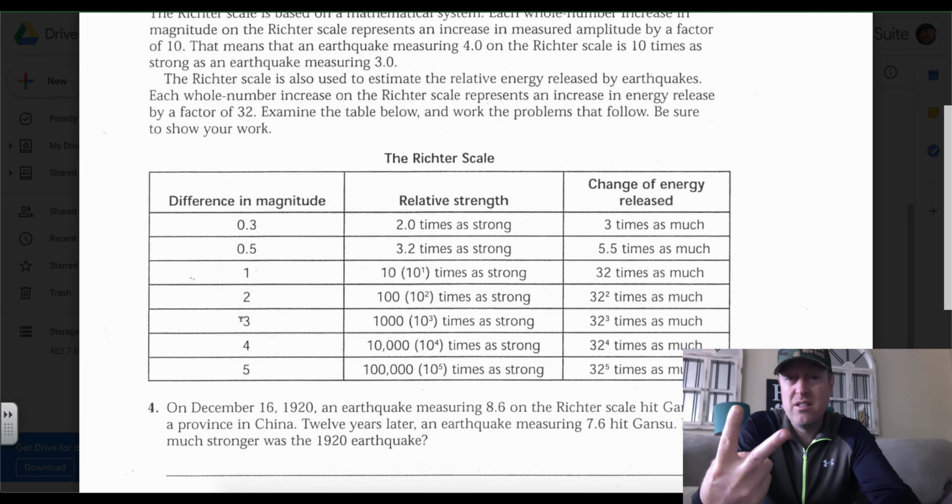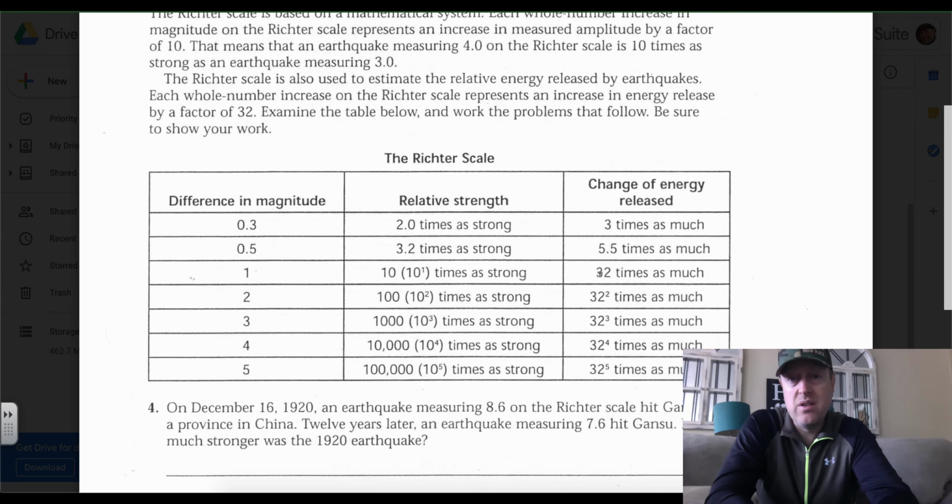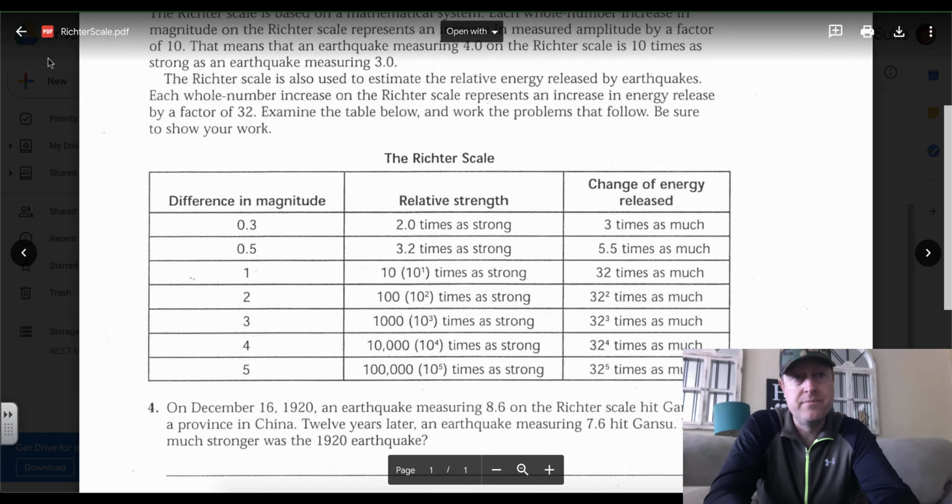If we have a 2 number difference, a 1 and a 3, that's 1,000 times stronger. And not only with that, we can measure the amount of energy, and it's 32 times stronger for every whole number as well. So the Richter scale is a much, much better way of figuring out the strengths of these different earthquakes.